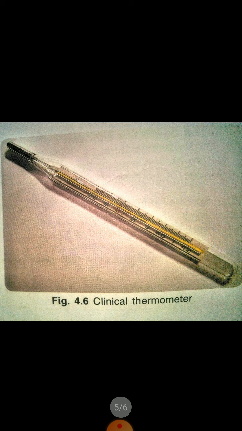The clinical thermometer is well known to you, as everyone has one at home. A clinical thermometer again has mercury at the tip, and the range, minimum and maximum, is from 35 degrees Celsius to 42 degrees Celsius.